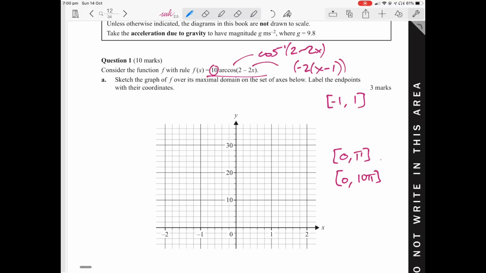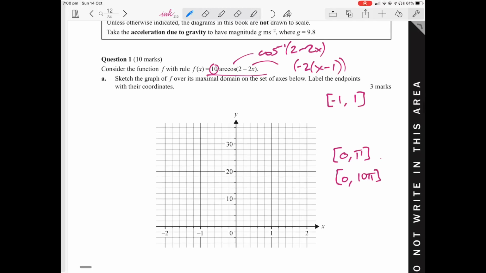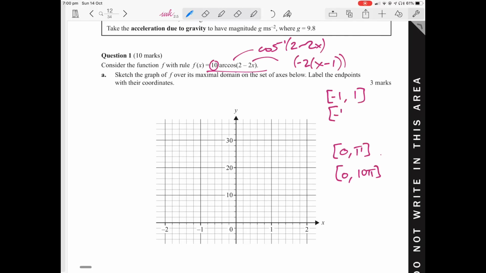So it's been reflected in the y-axis, which will change the shape. It's been dilated by a half from the y-axis, which would make it -1/2 to 1/2. And then it's been translated right 1, which would make it 1/2 to 3/2. So that's my domain, and that's my range.